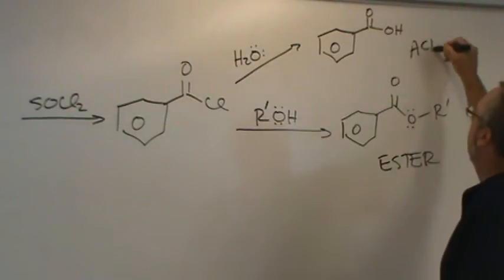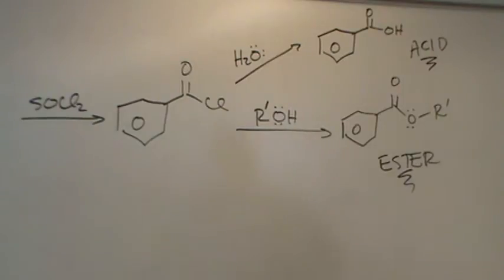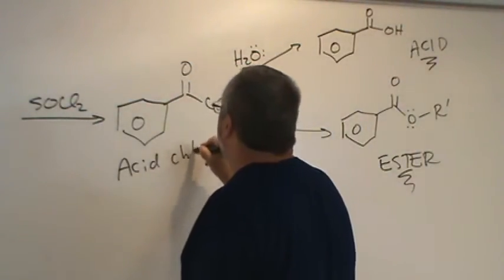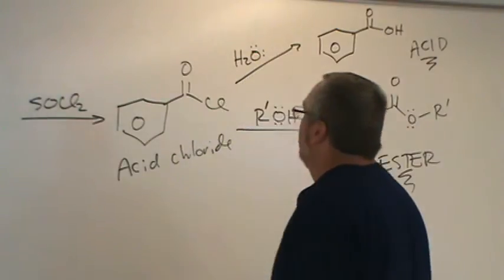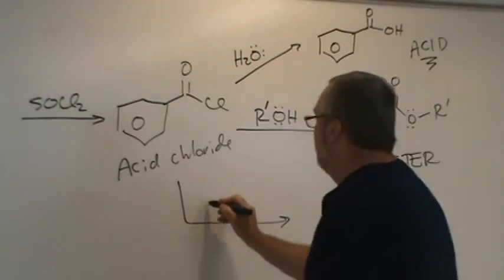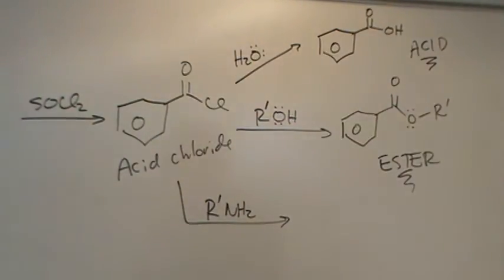So far we've seen that it is very easy to convert the acid chloride into either a carboxylic acid or into an ester. If we go ahead and react this with an amine, we now have a very convenient way to make the corresponding amide.